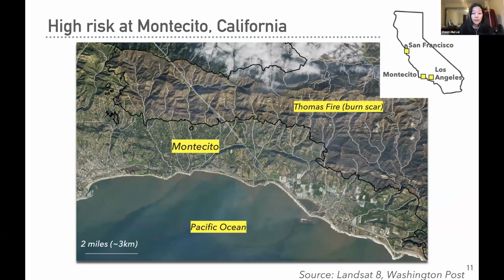And we see that this is the case for Montecito, which is located in Southern California along the Pacific coastline in between Santa Barbara and Los Angeles. In late December of 2017, there was the Thomas Fire, which is the second largest wildfire in California history, that burned through the hills above Montecito, as seen from the Landsat satellite photo.